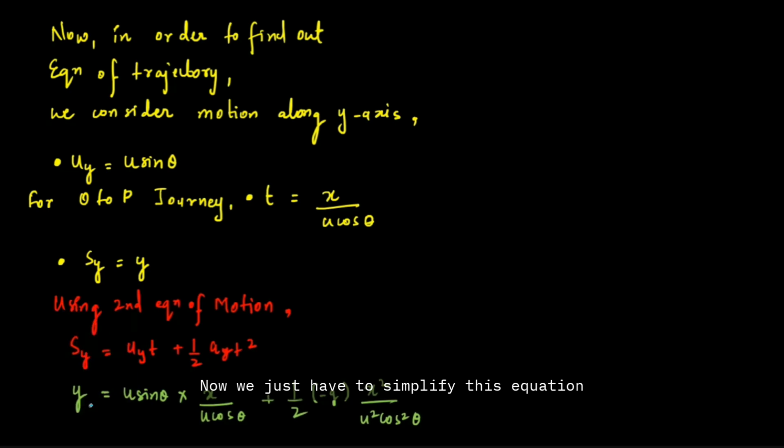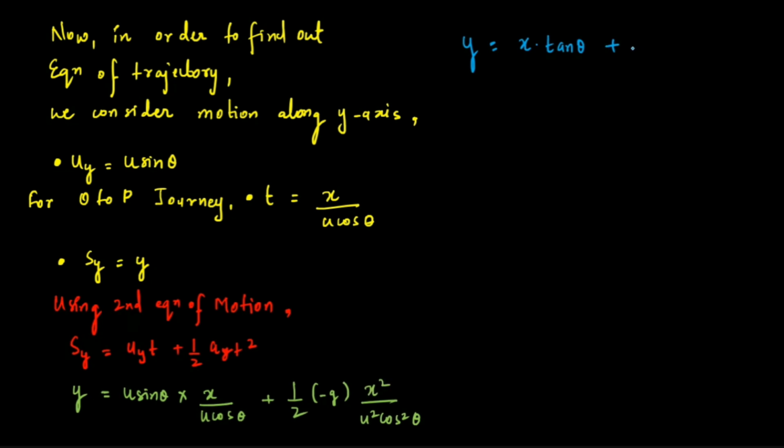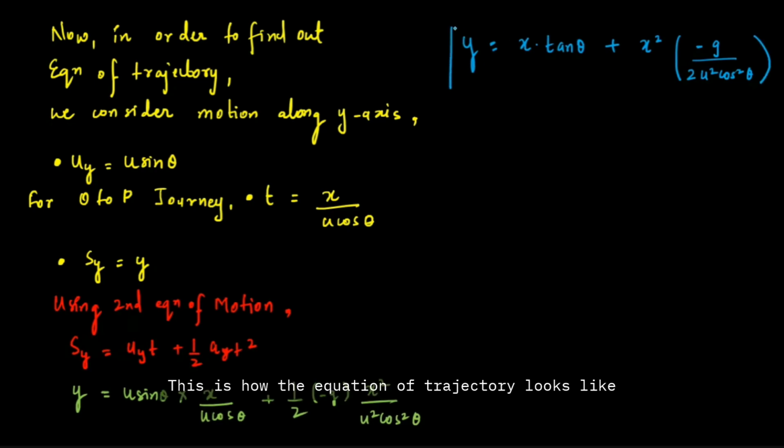Now we just have to simplify this equation. So y is going to be, u will cancel out u, so we have x tan theta plus x square times negative g by 2 u square cos square theta. This is how the equation of trajectory looks.